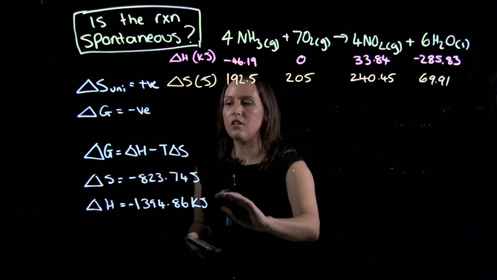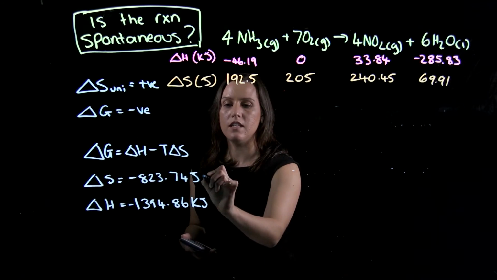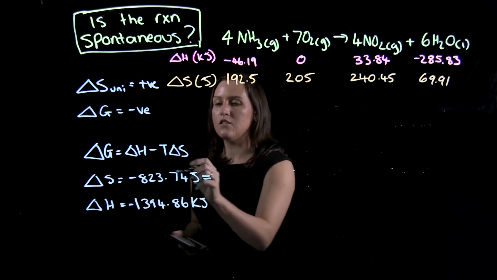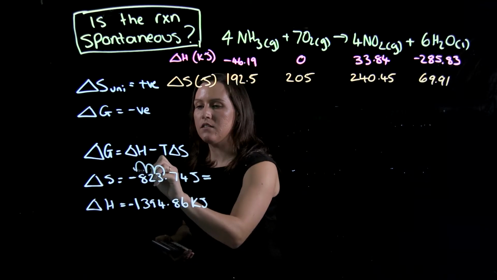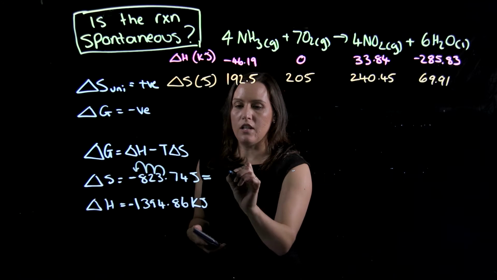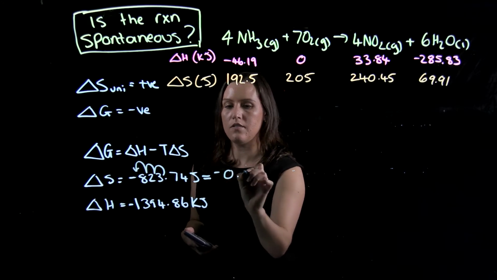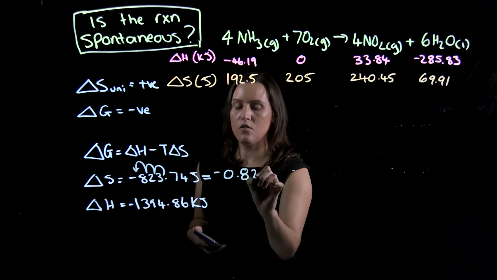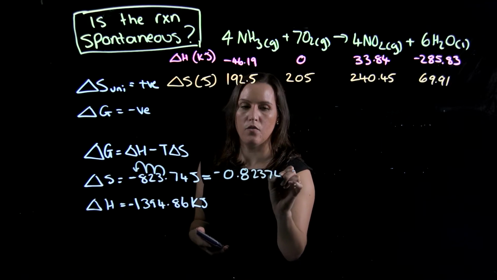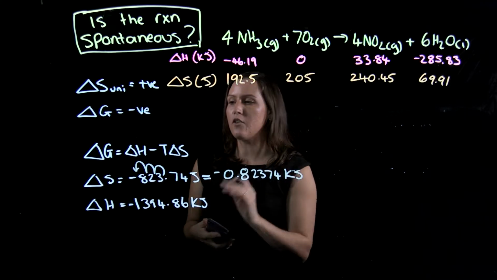In order to put the delta S and the delta H into our delta G, I need to convert this into kilojoules. Remember, dividing it by 1,000, or 3 jumps, puts you into kilojoules. So we get negative 0.82374 kilojoules.